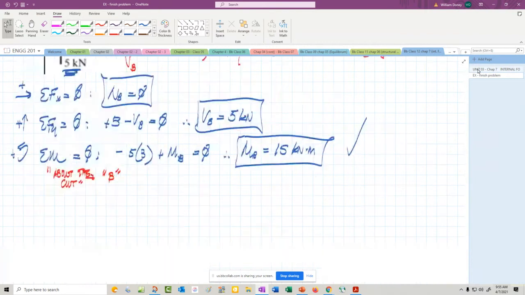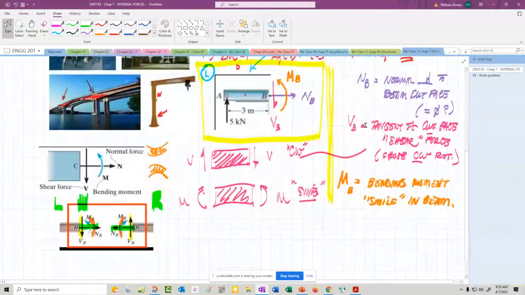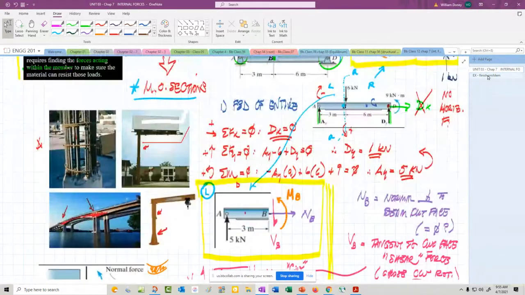If I go back to the previous page, if we want to know what's happening at a different point over here, like, I don't know, C, I would just cut at C. If I want to know at D, I cut at D. I already know what's happening at D because it's a support reaction. But I just need to find my cut of interest.